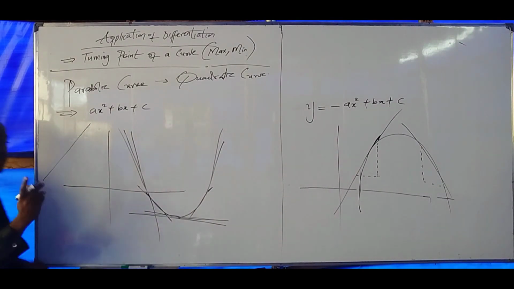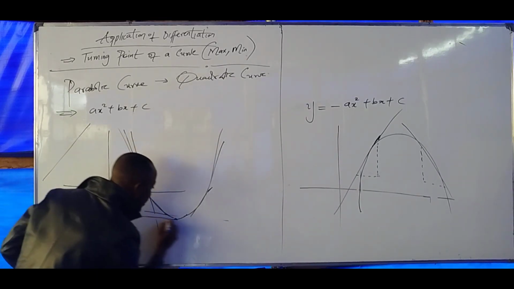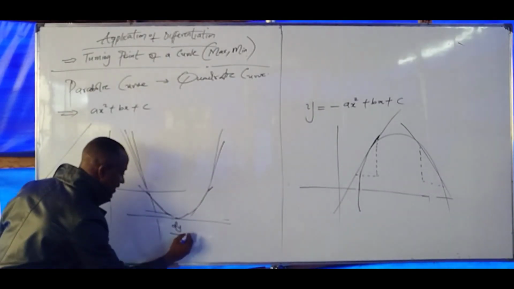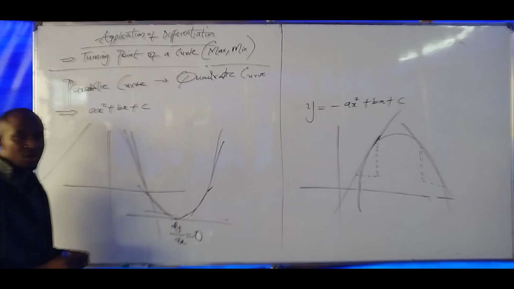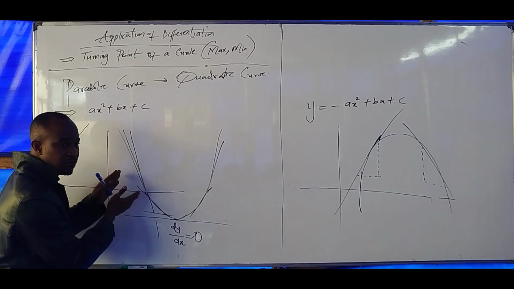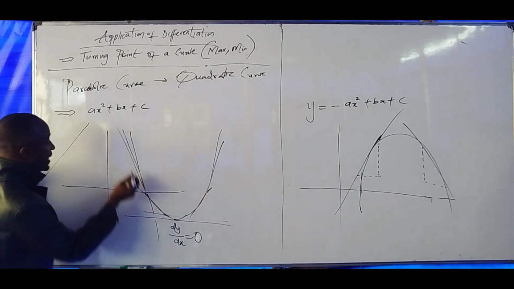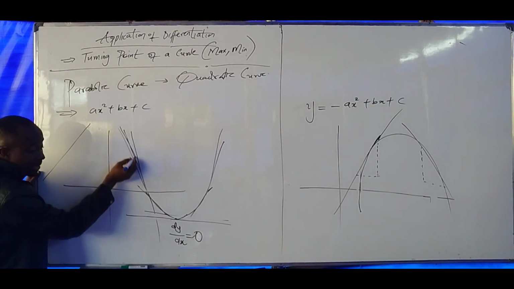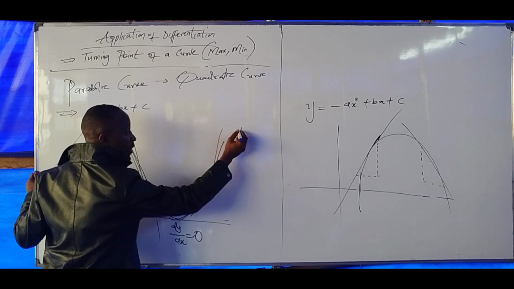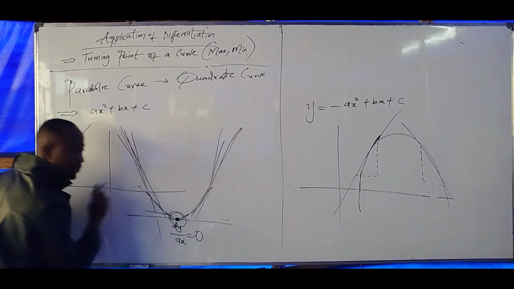So since the slope at this point is along the horizontal, that means my slope, dy/dx, is equal to 0. This is the only point in the curve where the slope either moves from increasing to decreasing, meaning from here the slope is moving downward, or upward. So here we have slope, but here there's no slope. So here we have our turning point.